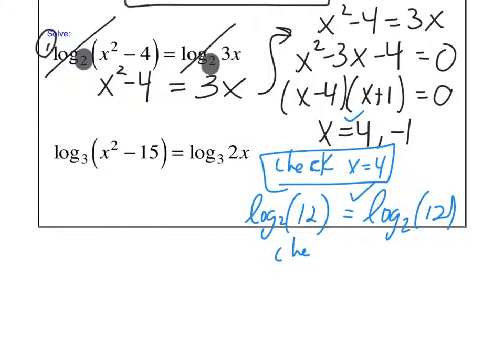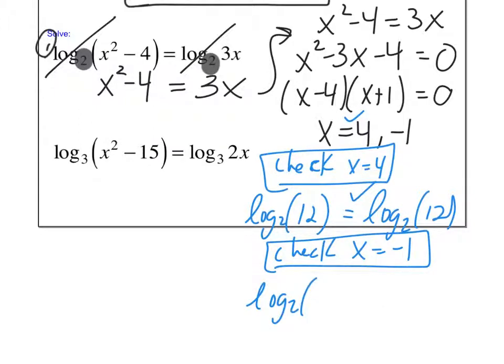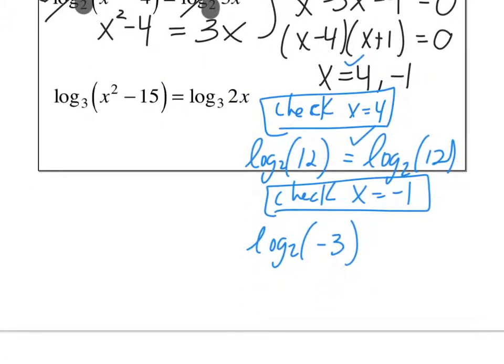Now let's check x equals negative 1. The log base 2 of negative 1 squared, which is 1, 1 minus 4 is negative 3. I can pretty much stop here, because if we were to evaluate this logarithm by itself, we would be asked, 2 to what power gives me negative 3?